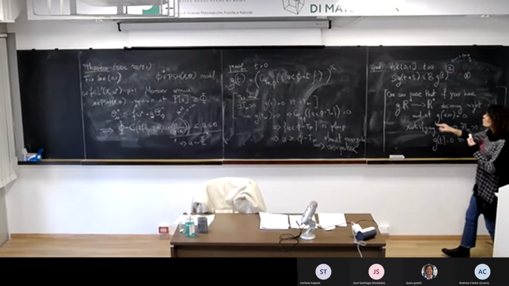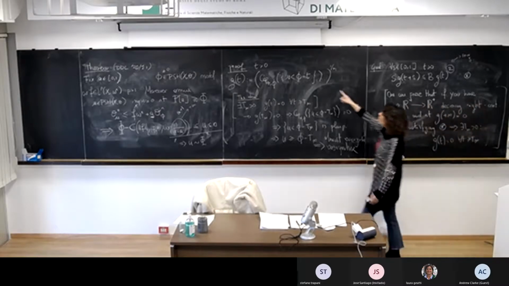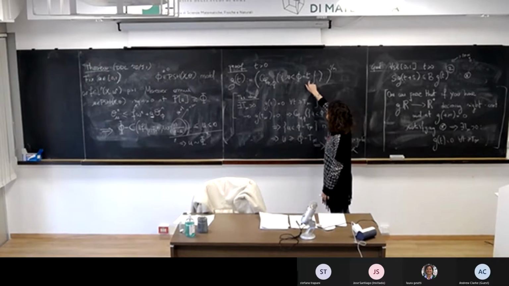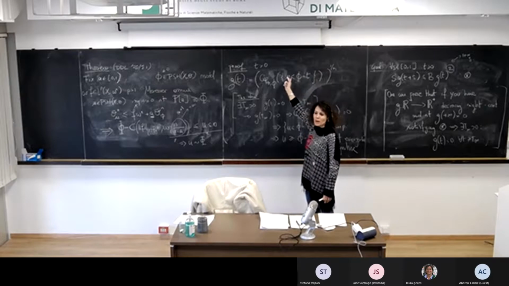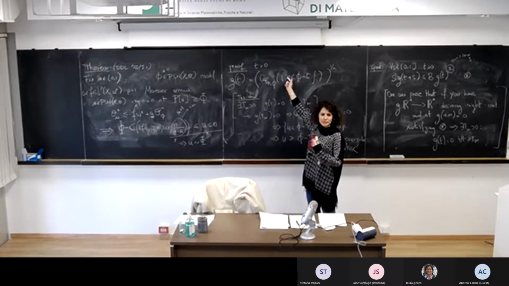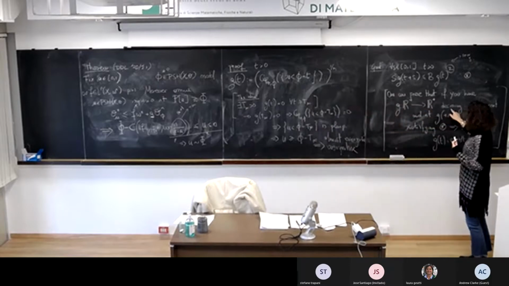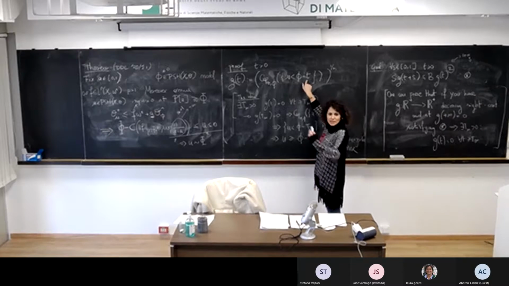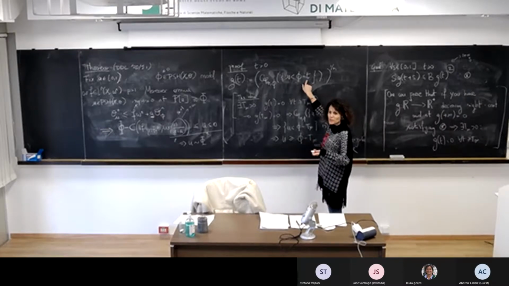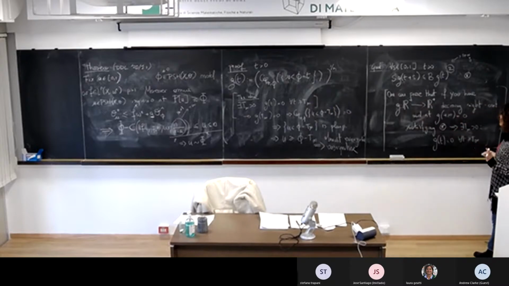We want a function from R plus to R plus, and G defined like this, we take t positive, is going to give a positive number because the capacity is always positive. So the first assumption is satisfied. Then it's decreasing, because this set is decreasing when t is increasing. Is right continuous is something to check, but it's not very hard.